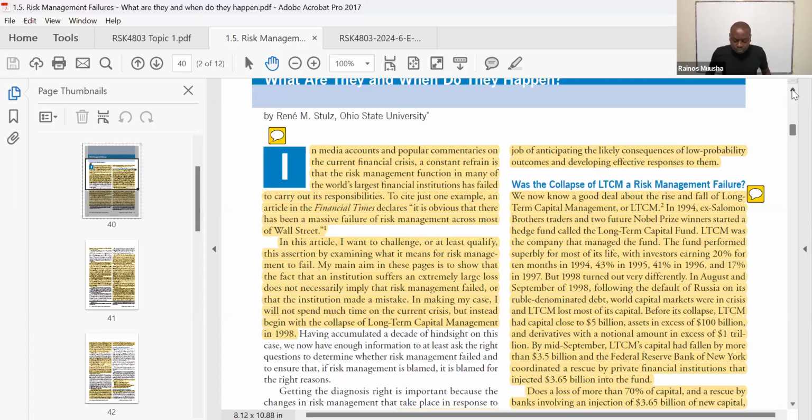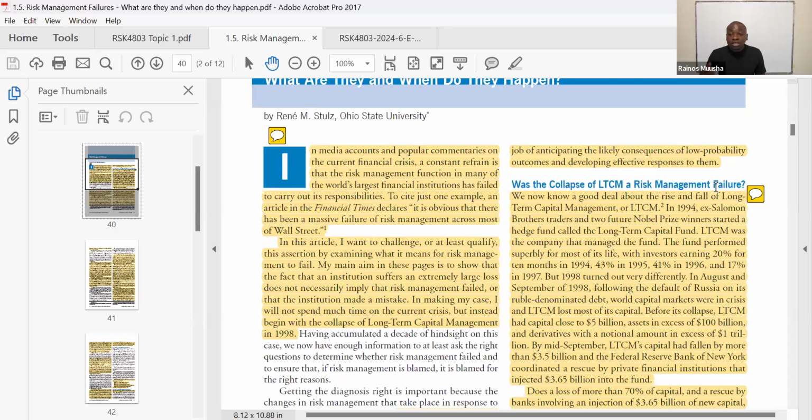Now, what the author is trying to explain in this case is that just because an event has a low probability of materializing does not necessarily mean that we are going to overlook it and say it's immaterial.